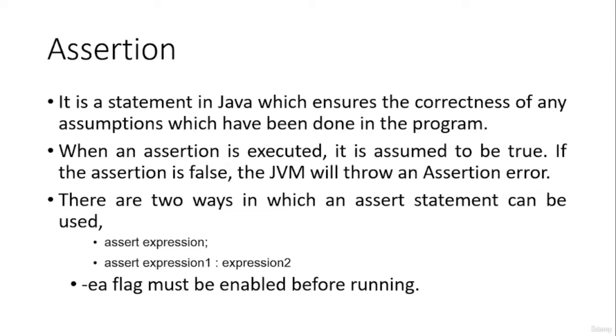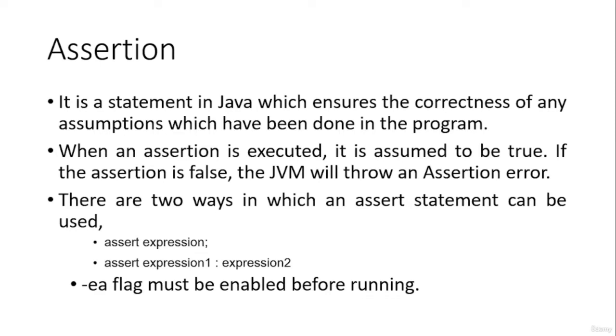Let us discuss one more key feature: assertions will not work by default in your environment. You have to enable a flag called the ea flag, hyphen ea, or hyphen enable assertions, so that assertions work when the program is executed.